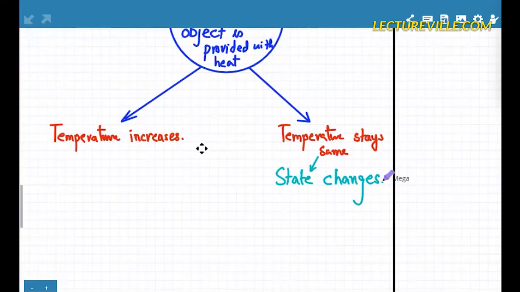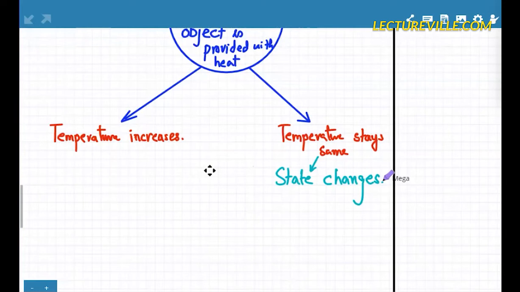But where this process is happening, where the molecules are getting away from the ice, the temperature will not be changing if it is still melting. So state changes only if temperature is not changing, and temperature changes if state is not changing. Both of them will not be happening together. Is that understandable?